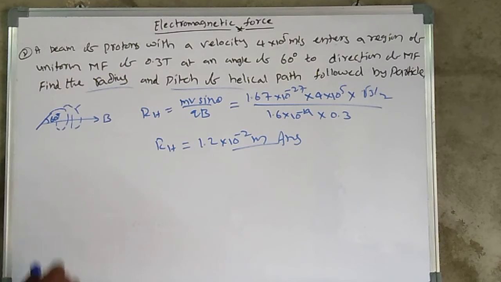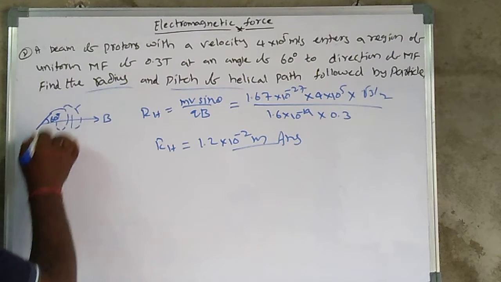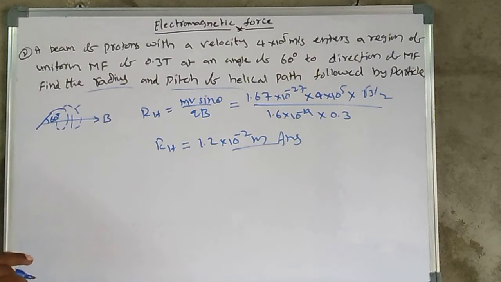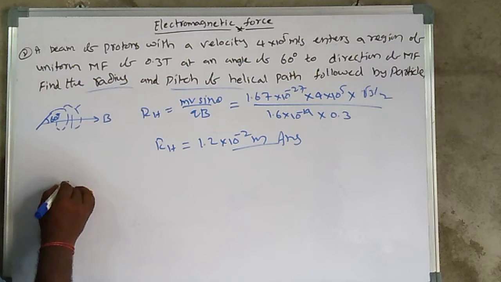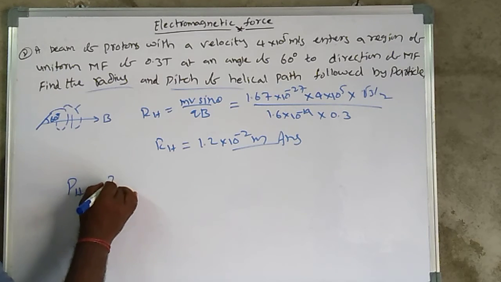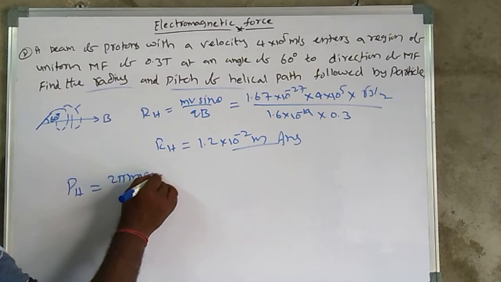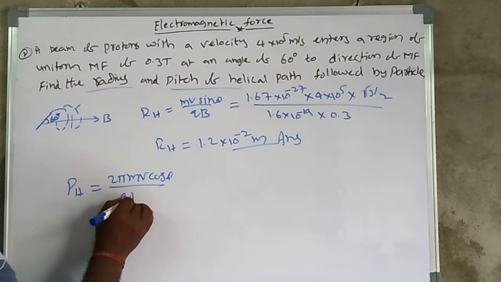Now, what is the second question asking? Pitch. Pitch is nothing but the distance covered in one complete rotation. Pitch of the helix is equal to 2 pi mv cos theta divided by qB.